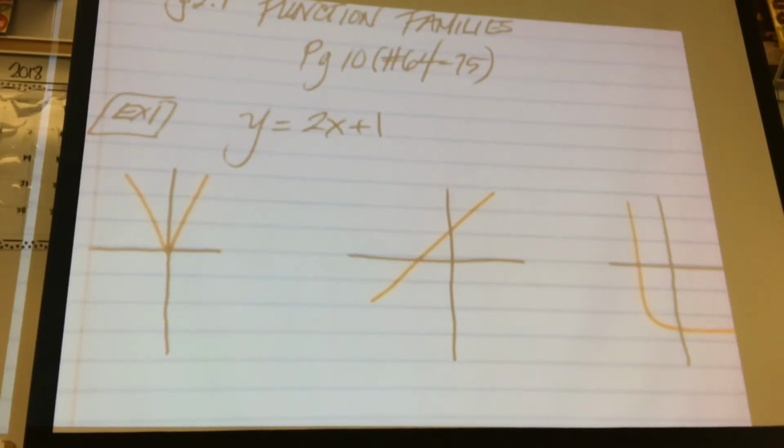So what we're going to do is insert our Fab Five and see which graph matches the equation.